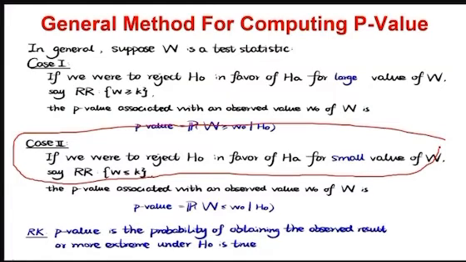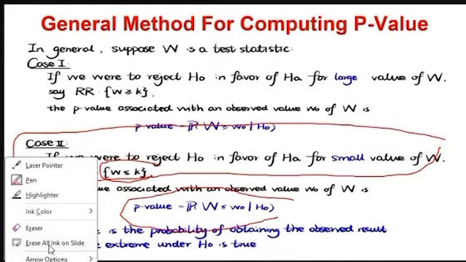When the test statistic is very small, that favors a situation where the deviation between the observed data and the null hypothesis is not much. In that situation, I'm going to use W less or equal to K, and the p-value is going to be this if I want to compute that.